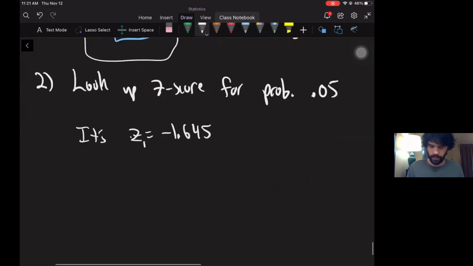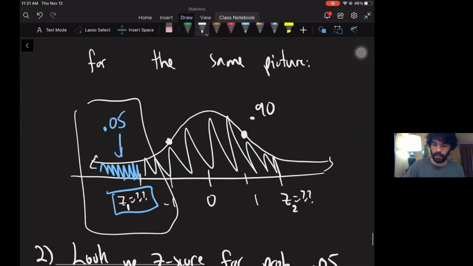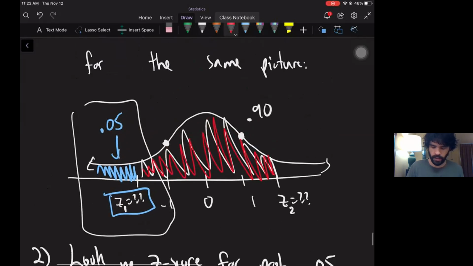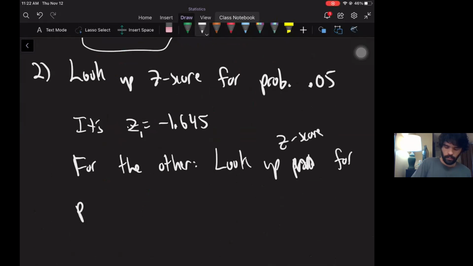And then for the other one, how much probability is there to the left of this one? Well, it's 0.9 there, but then another 0.05, so it's a total of 0.95. So I'm going to look up the z-score for probability to the left being 0.95.